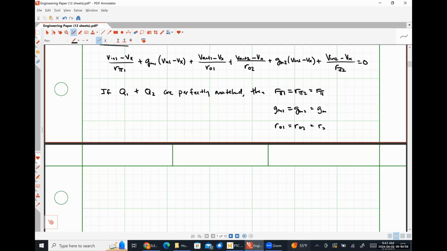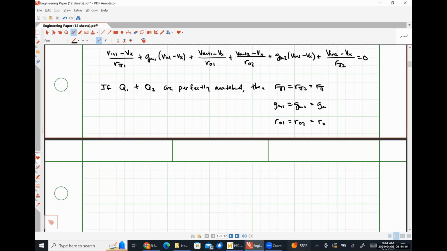Okay, so we have a Vn1 over R pi 1. We also have a Vn2 over R pi 2. Since the R pi's are the same, this should look like Vn1 plus Vn2 divided by R pi.